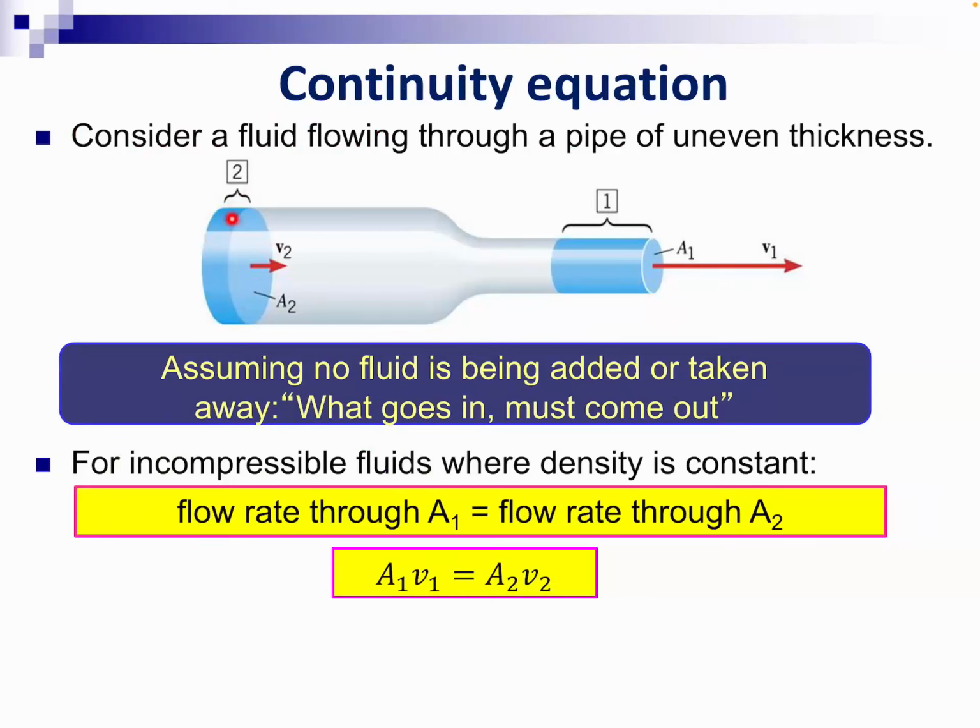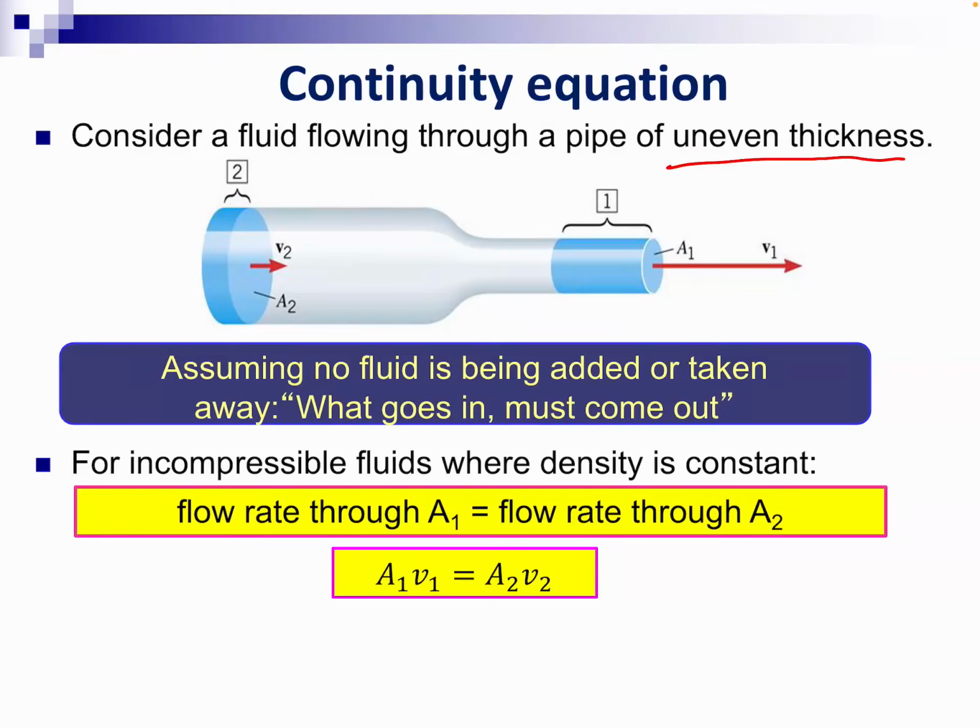For example, initially, the fluid flows through this larger cross-sectional area, and then it encounters a smaller cross-sectional area. Say, for example, a wide pipe narrowing at some point. Then how do we describe the flow rates of the fluid through a pipe with uneven thickness?